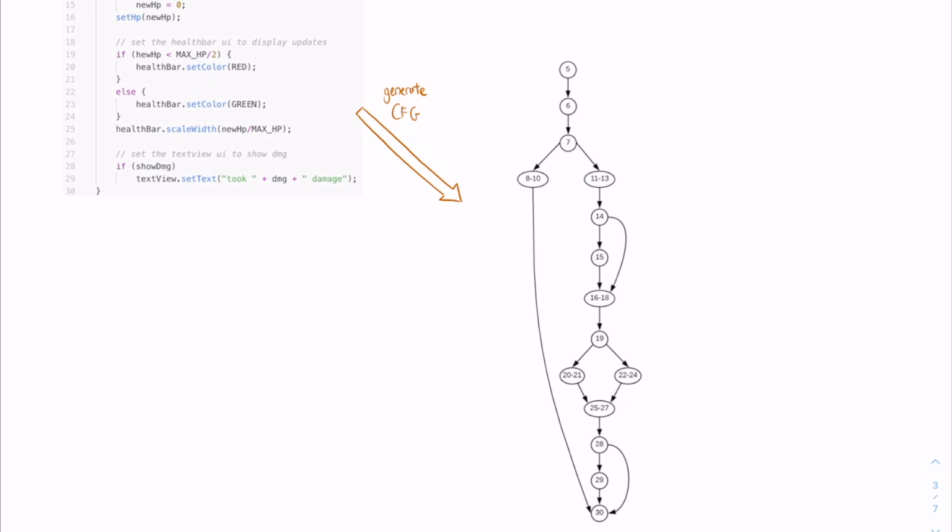Firstly, I think we need to define what we mean by a path. In graph theory, a path basically means a set of nodes or links from a given start and end point. In this case, the start and end point that we are interested in is the entry point of the function as well as the exit point of the function.